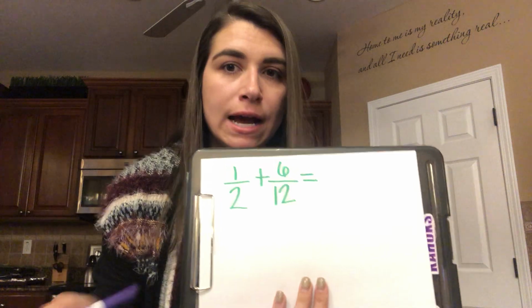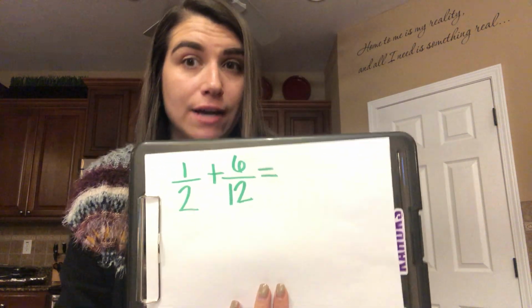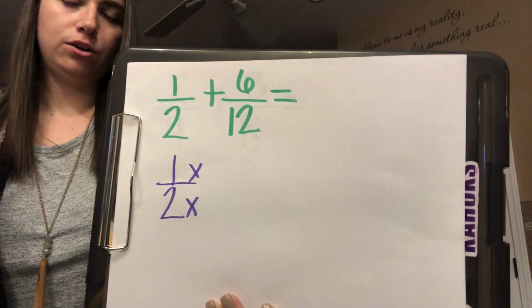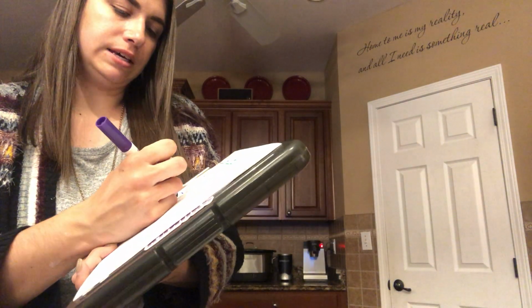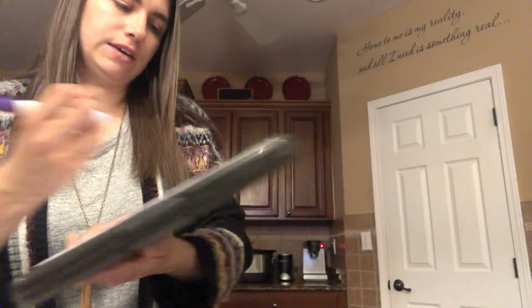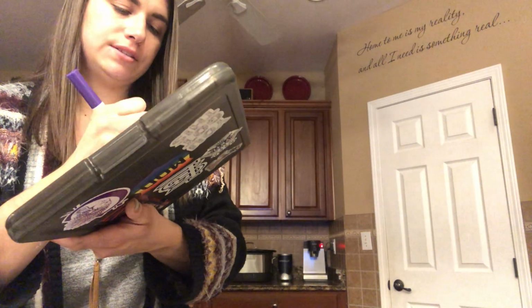So I have to think about what times 2 is going to get me that 12. So I'm gonna write 1/2. And then remember, whatever I do to the bottom, I have to do to the top to get an equivalent fraction. So 1/2 times 6 and 6. So that's gonna give us 6/12.